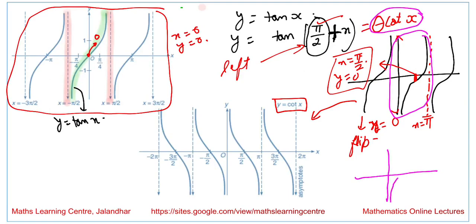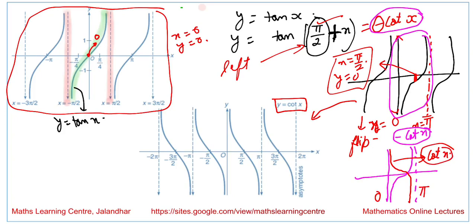This is the graph of minus cot x, and we have to plot the graph of cot x. So when we flip it about the x axis, the graph we obtain is in this form. This is the corresponding graph of cot x in the region 0 to pi.